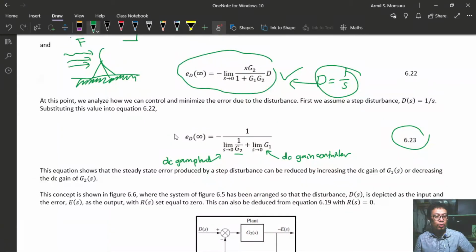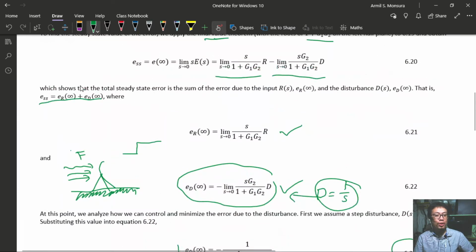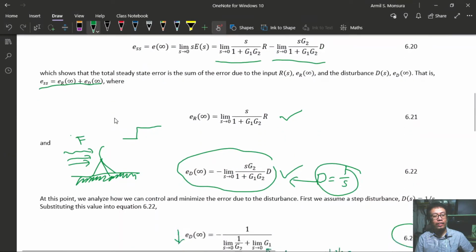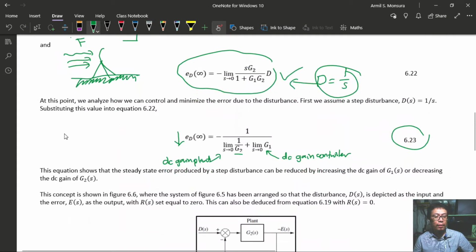Okay, so kung gusto niyo pababain itong error due to the disturbance, kasi ang total steady state error natin, recall, is the error due to the input plus yung error due to the disturbance. So ang gusto natin is ito, minimal yung contribution niya sa sum na to.